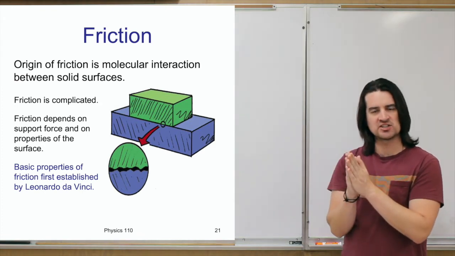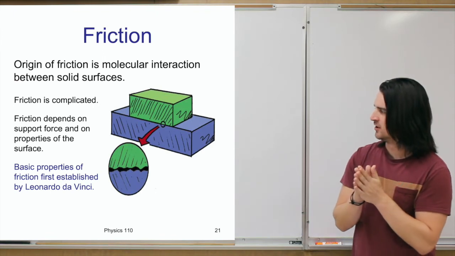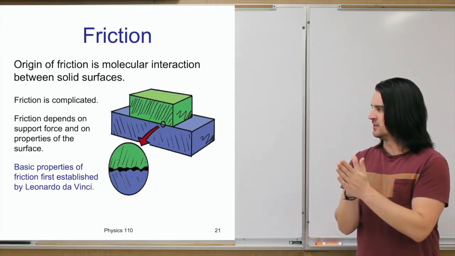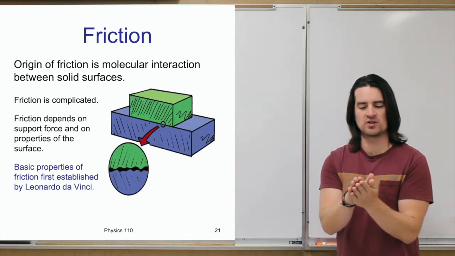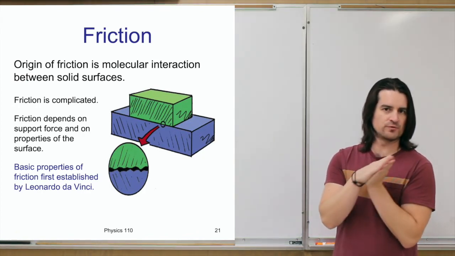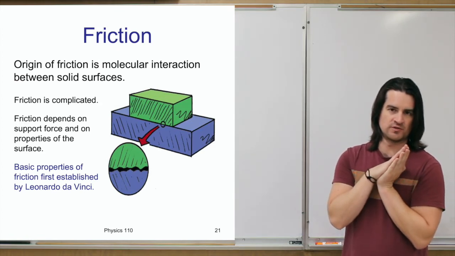Friction is actually rather complicated, as I mentioned before. Certainly one way of looking at it is that it depends on how large the support force is between the two surfaces.